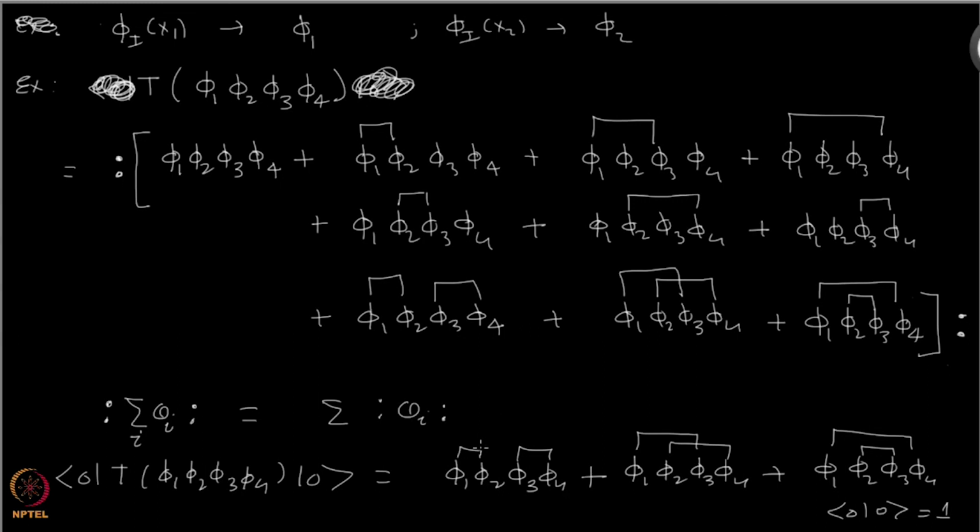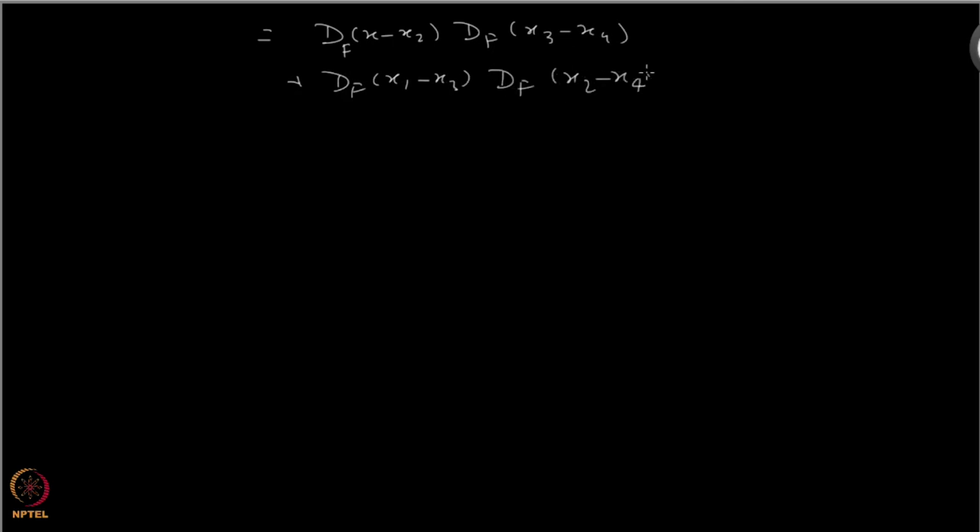So if you wish, I can write it further as D_F of x1 minus x2 times D_F of x3 minus x4, plus D_F of x1 minus x3 times D_F of x2 minus x4, plus D_F of x1 minus x4 and D_F of x2 minus x3. It's the same thing as before.